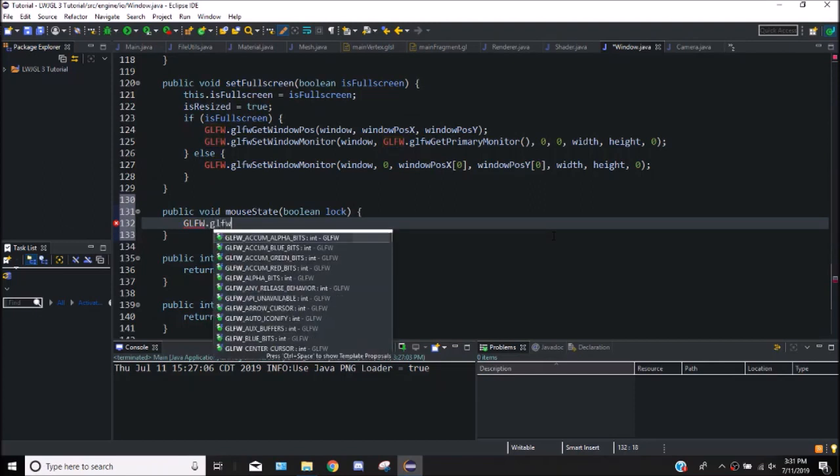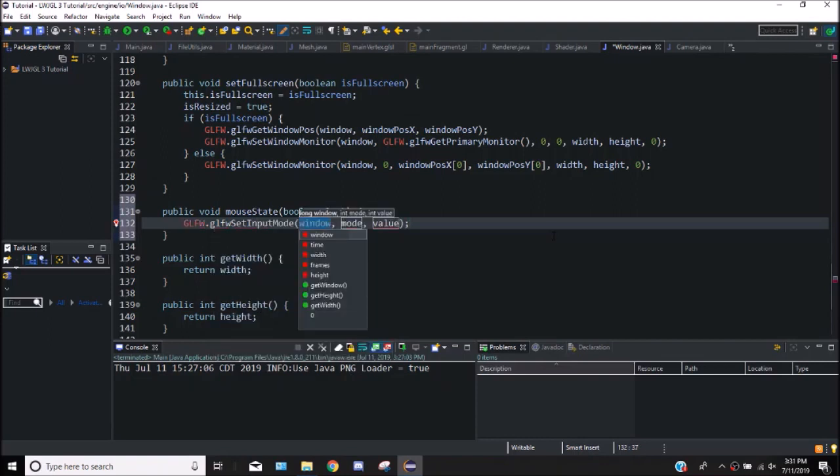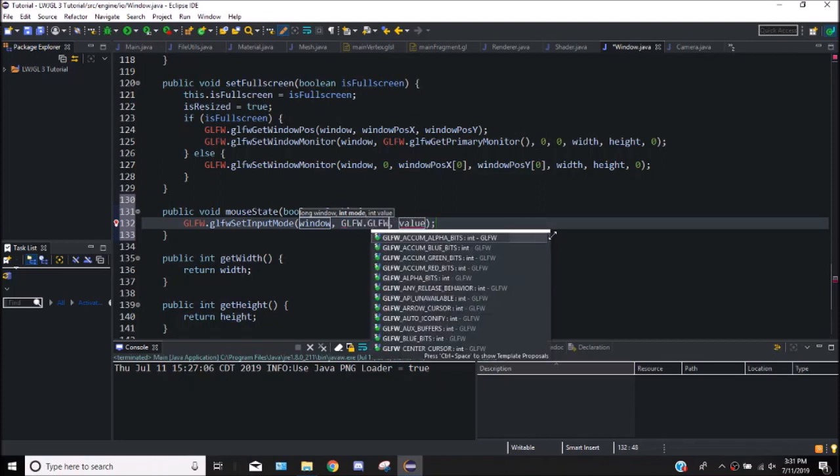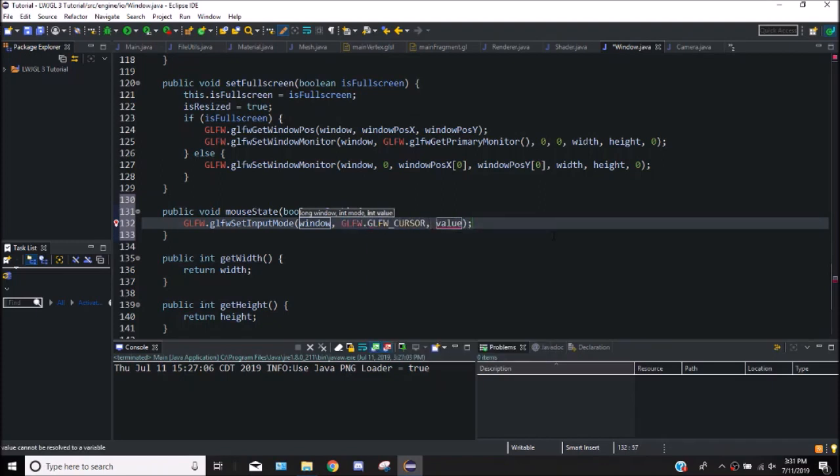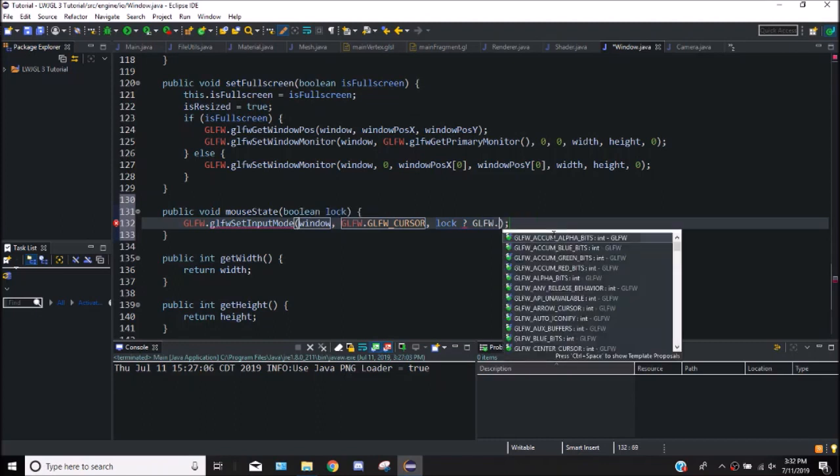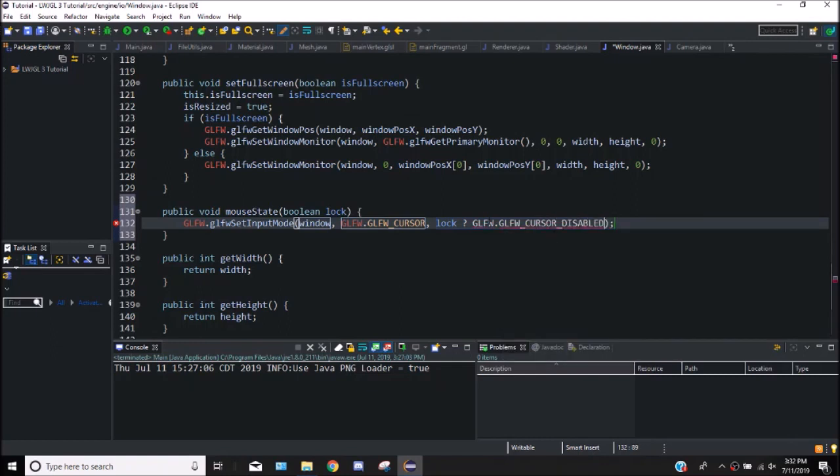So we need to say glfw set input mode, the window you want to set for, which is our window, the mode, which is our cursor, glfw cursor, and then we need to set that to whether or not it's locked. If it's locked, we want to set it to glfw cursor disabled. What that does is it locks it into the center of the window. And if it isn't locked, then we're going to set it to normal. So we can copy that and say, instead of disabled, normal.